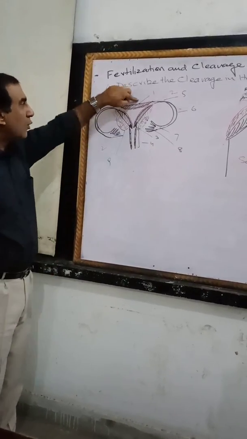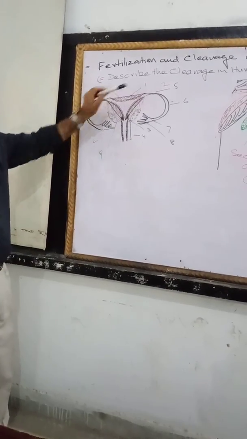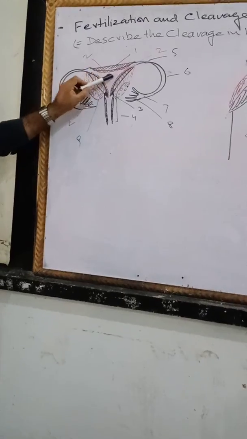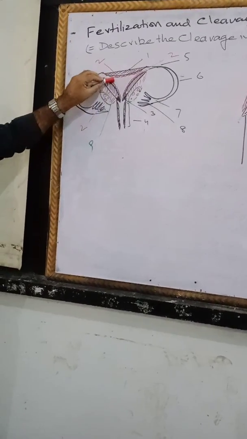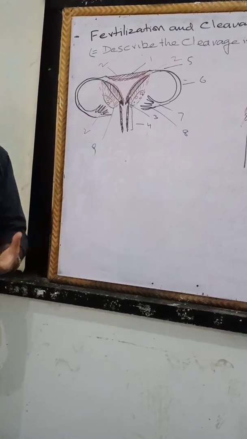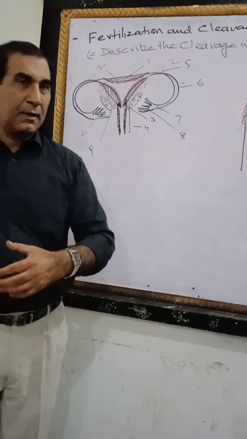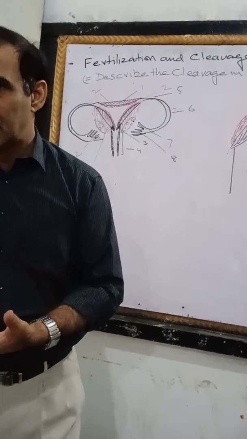This is number one, myometrium, and this is in red. This is endometrium. It keeps on growing during the course of the reproductive cycle.